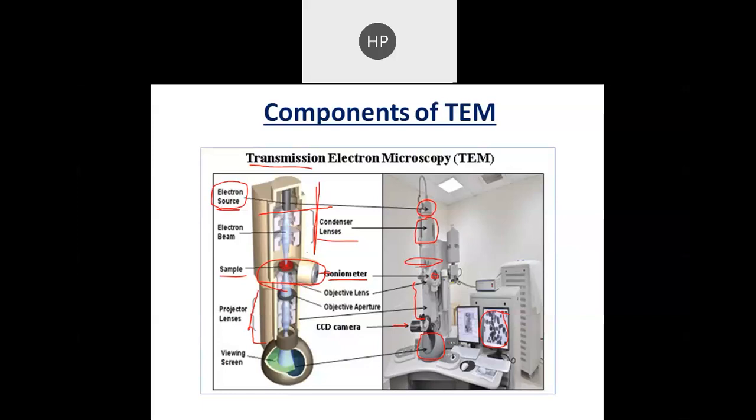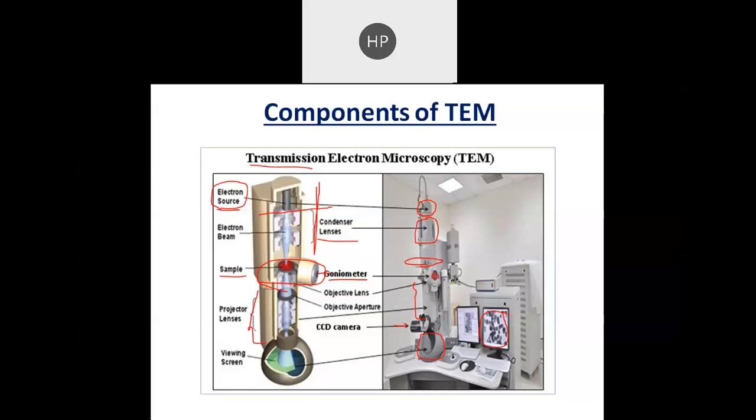All these condenser lenses and the objective lenses must be aligned with each other, so that we can generate a higher magnification, because there is much more deflection of the electrons, and that will produce a highly magnified image.